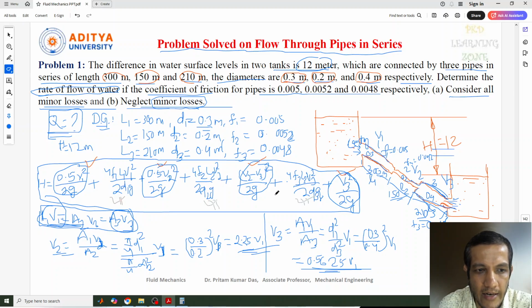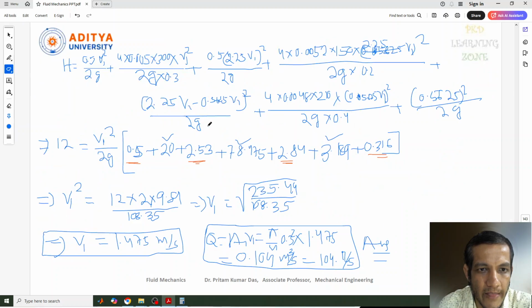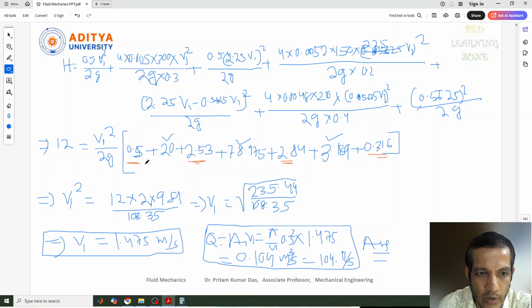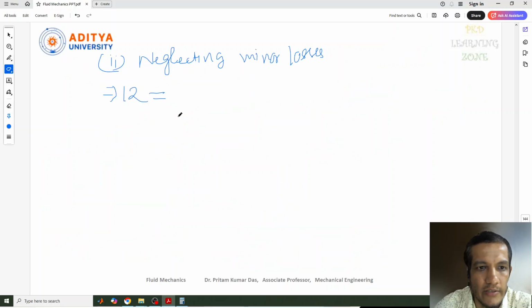So by neglecting the minor losses, here I can write h equal to 12, and here v square by 2g I can take common. Same thing what I did there, I can write here v square by 2g, and directly I'll write the values I got previously.